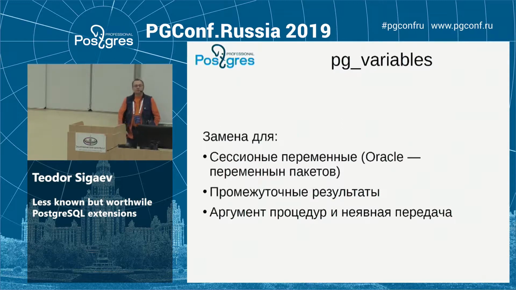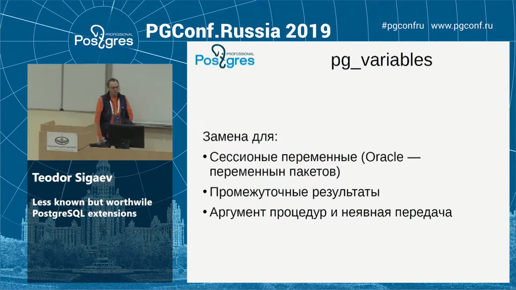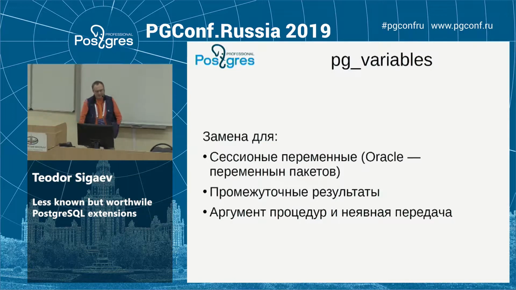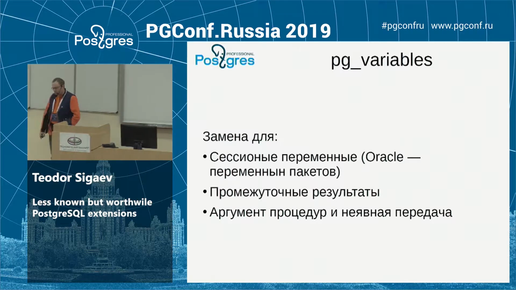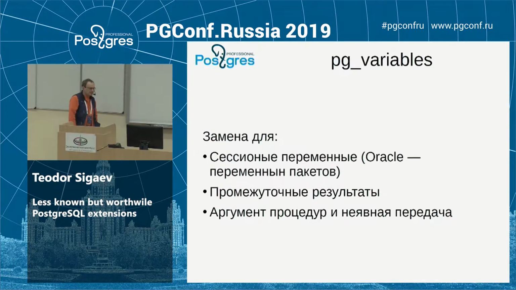PG variables. The initiator was Ivan Frolkov, who is present here today. Once he spent a lot of time working with Oracle, and he really missed session-based variables. Checking syntax in Postgres is not so easy, and also in other databases.